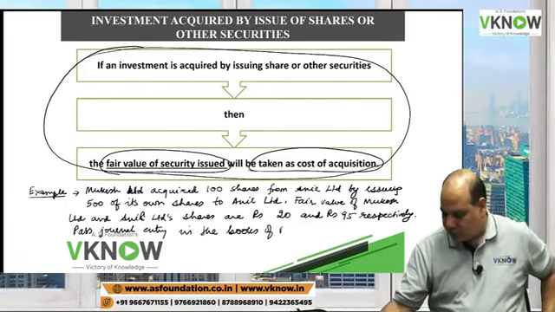So 500 into 20, debit 10,000, to share capital 500 into face value 10 rupees, and to securities premium is also 500 into 10.